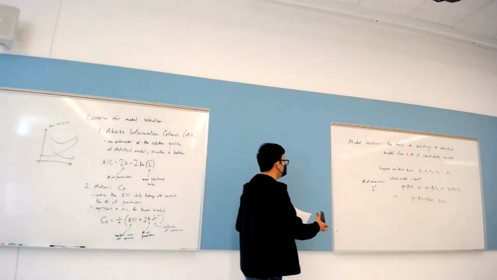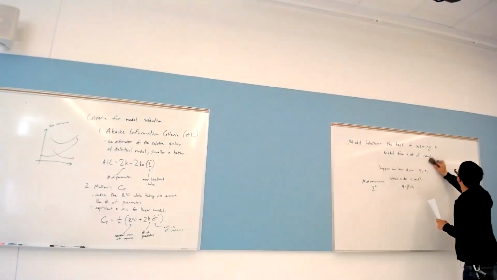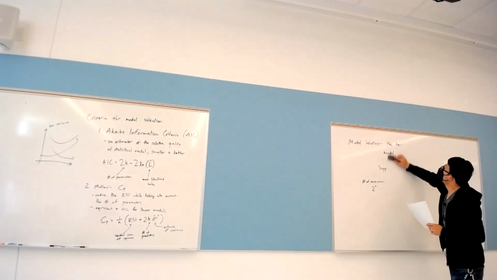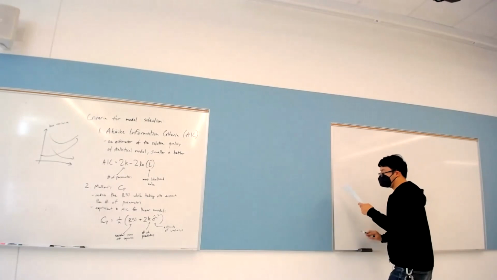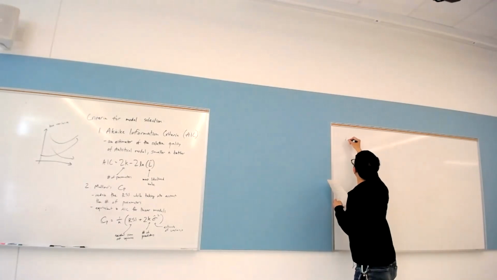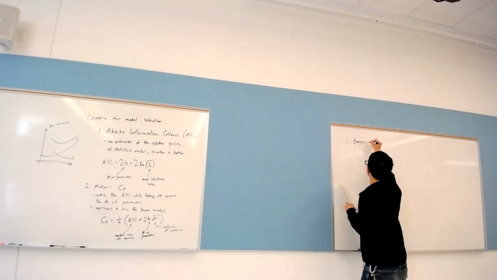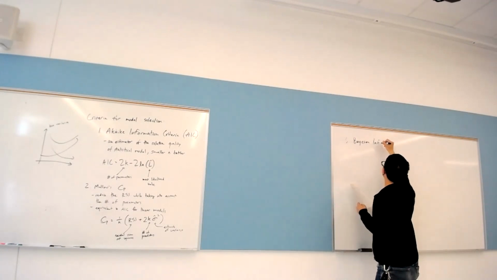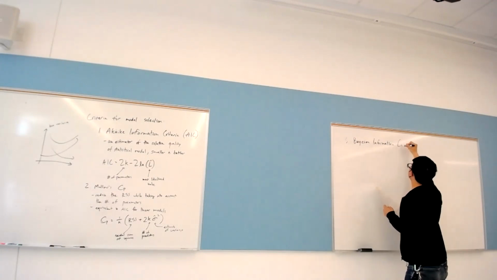We'll quickly cover two more. We have Bayesian information criteria.